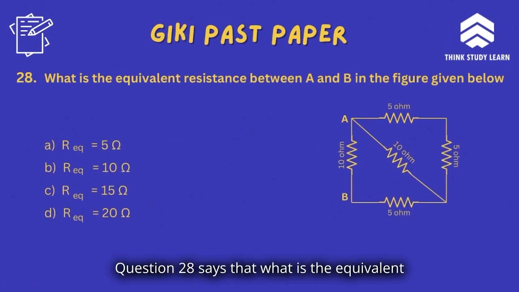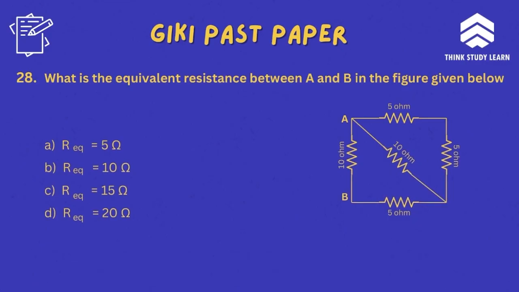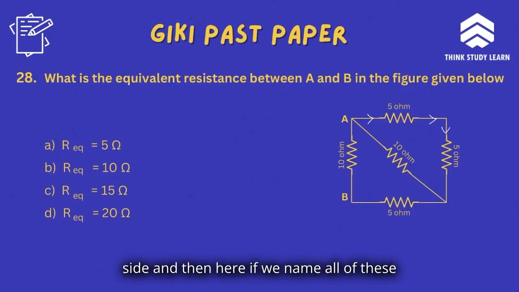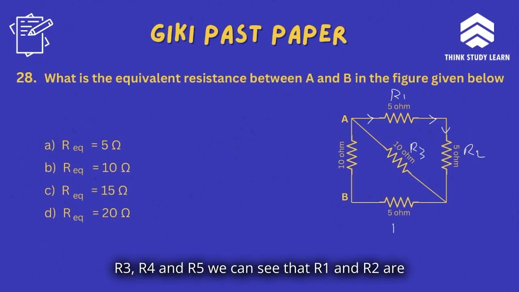Question 28 says that what is the equivalent resistance between A and B in the figure given below? To calculate the equivalent resistance, we know that the current goes from this side to this side and then here. If we name all of these resistances, this is R1, R2, R3, R4 and R5.